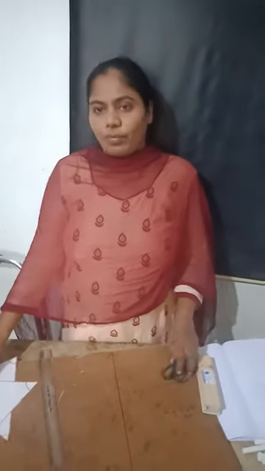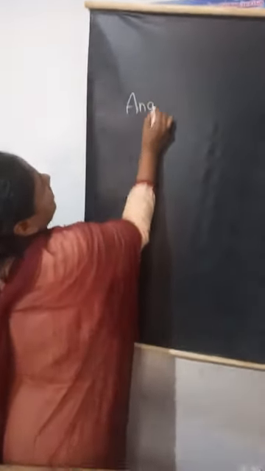Statement of the angle sum property of a triangle: the sum of all three angles of a triangle is 180 degrees.